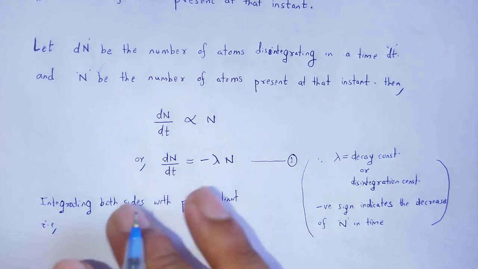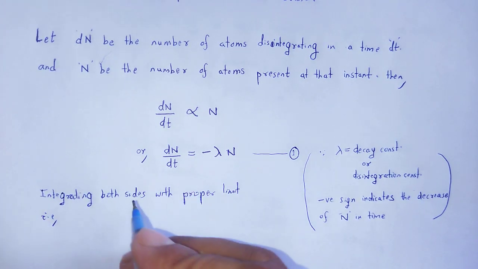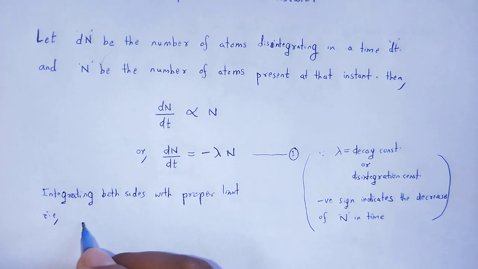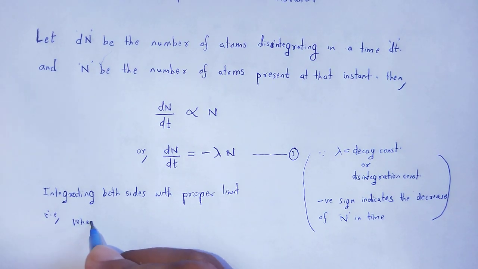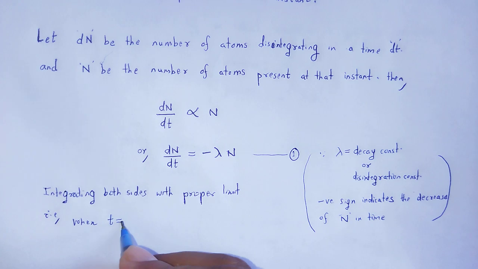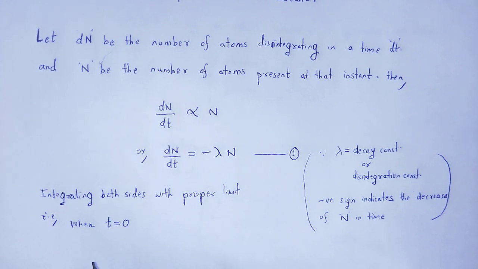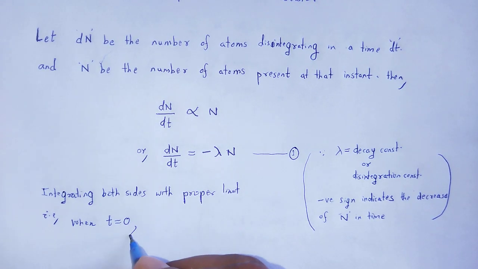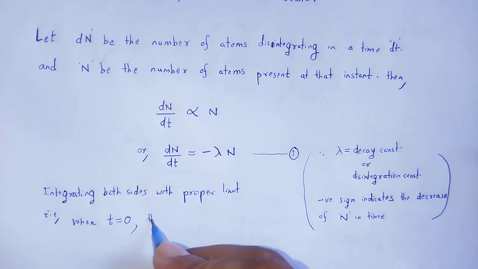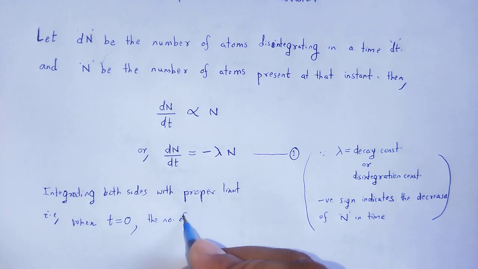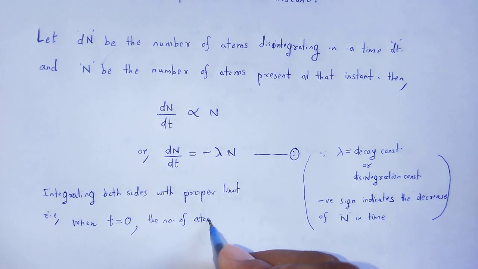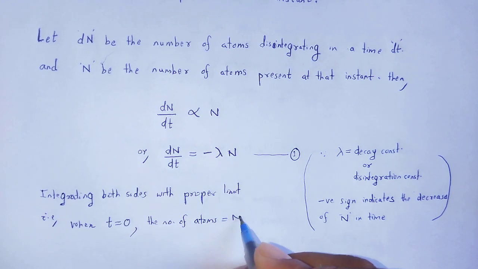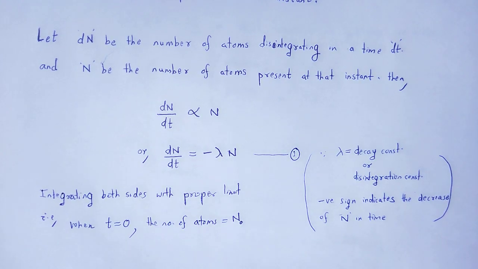That is, when time t is equal to 0, let the number of atoms initially present be N0.